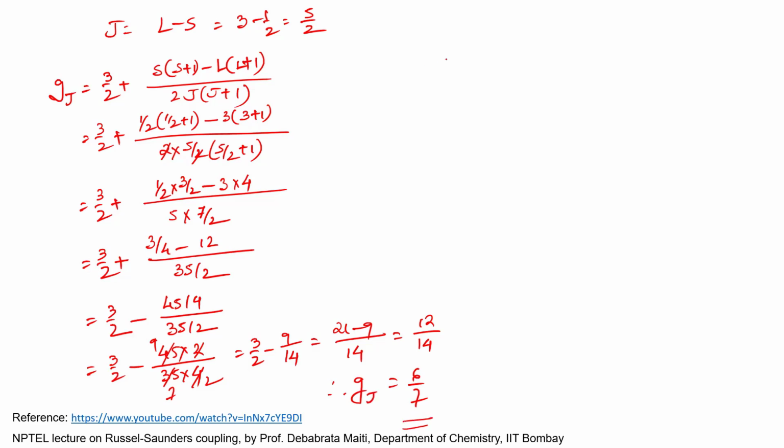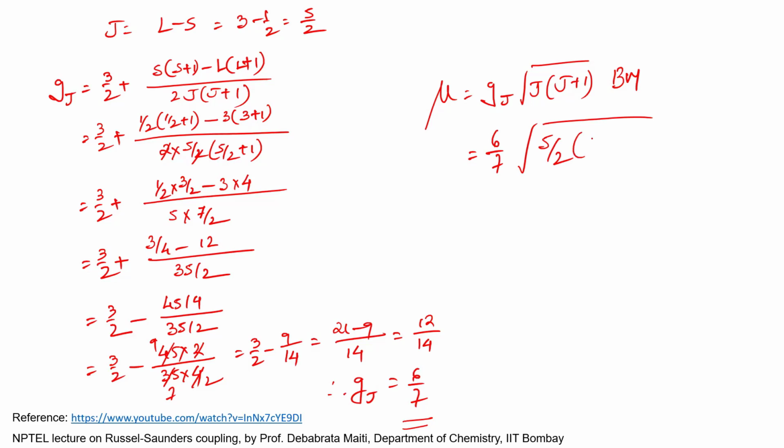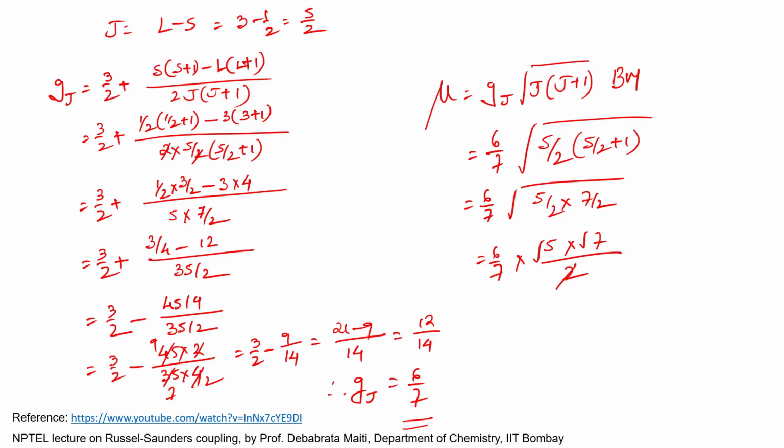Now coming to the calculation of mu, which is mu equals Gj into root over J into J plus 1 Bm for cerium 3 plus or any lanthanides. So the value of Gj I am putting here, then the value of J. This can be rewritten like this.